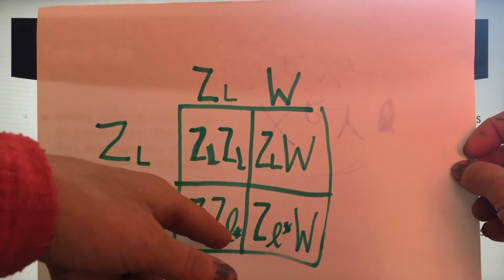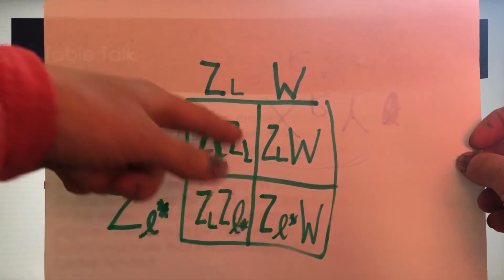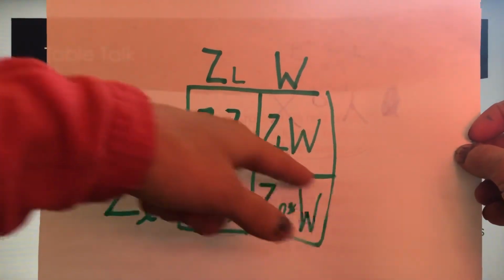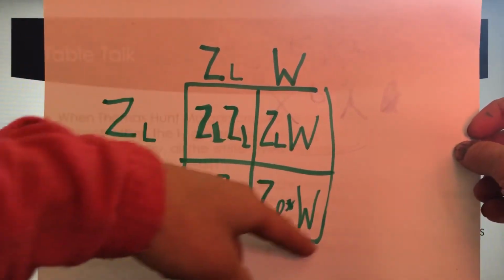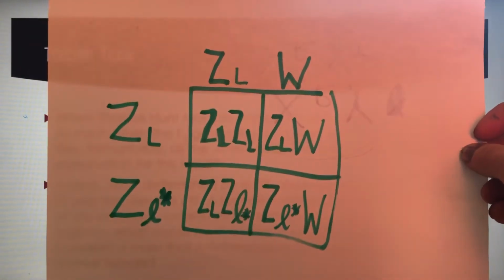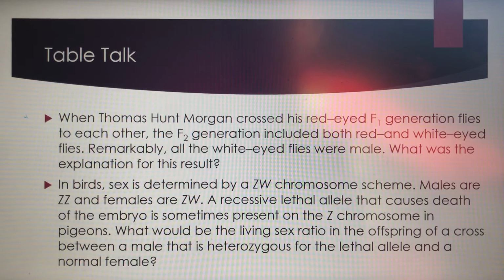Okay? Here's the male offspring right here, ZZ. Okay? You're not going to have any of them dying. But if you look here, here's the female. You're going to have one of the females dying and one of the females inheriting the good gene. That would be the capital L. So this wants to know what would be the living sex ratio in the offspring of a cross between a male that is heterozygous for the lethal allele and a normal female.